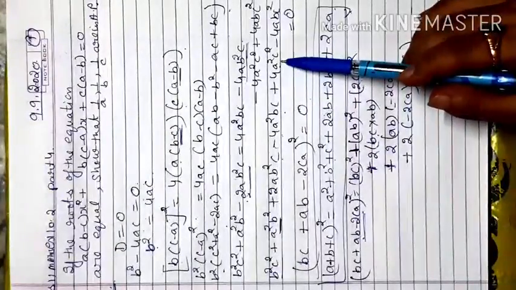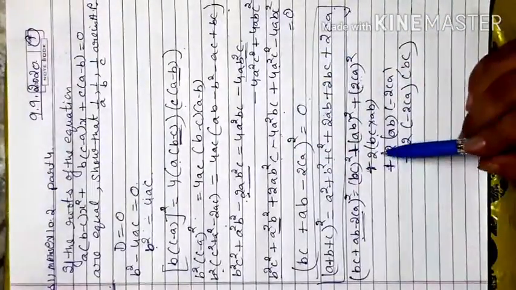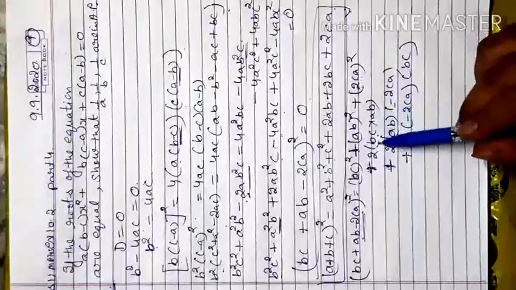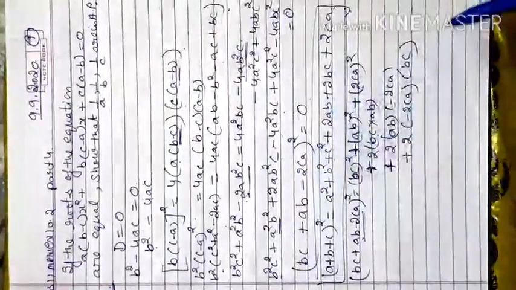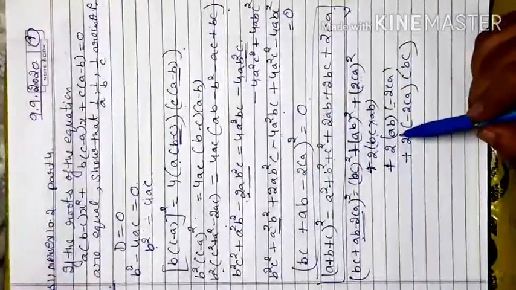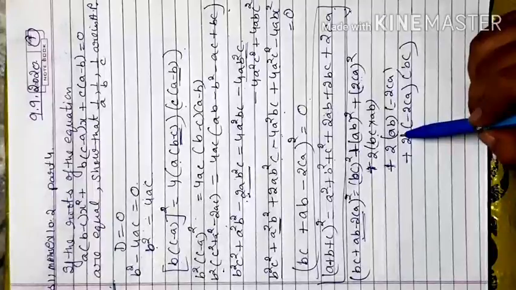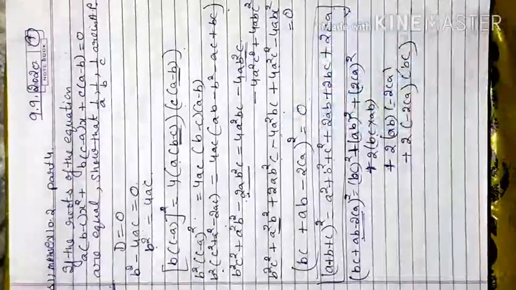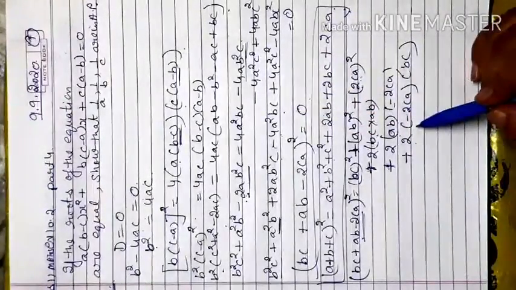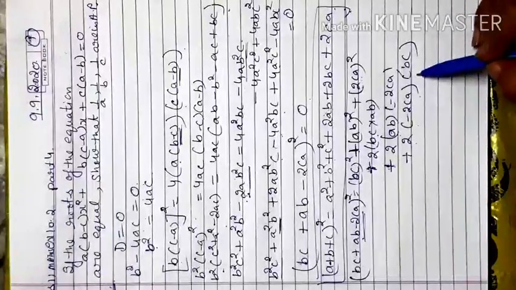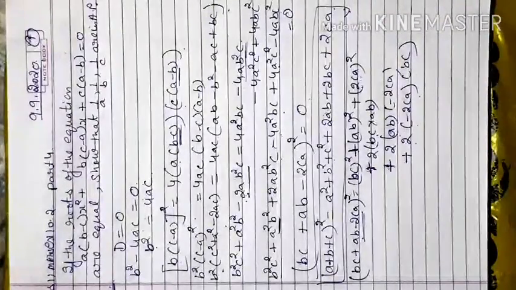Now after these three terms, check with these three terms. So this is 2a b square c, then minus 4 a square bc, then minus 4 abc square.